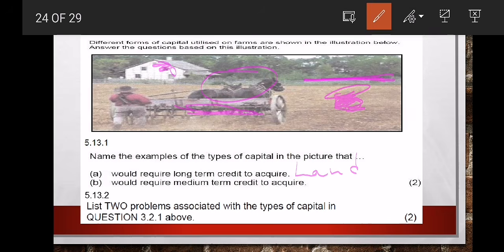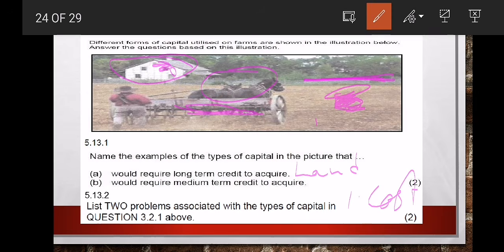The next question, 5.13.2. List 3 problems that are associated with the types of capital that we have mentioned above. Is it easy for the farmer to buy land? No. Why? Because land is expensive. So number 1, we can say costing. What may happen to this building?